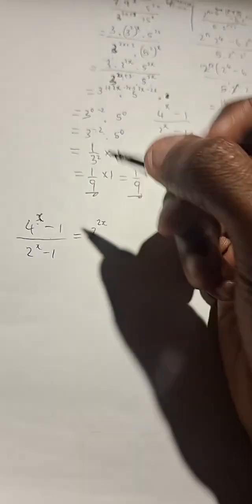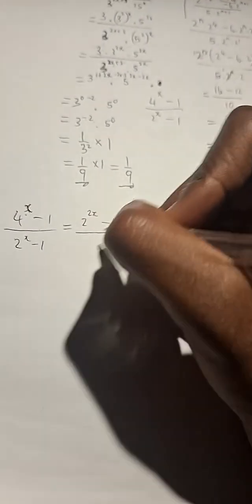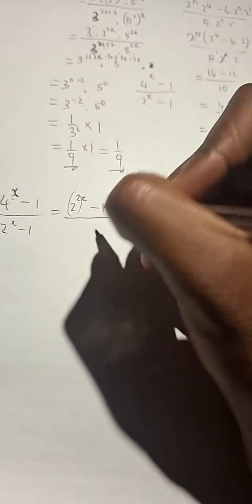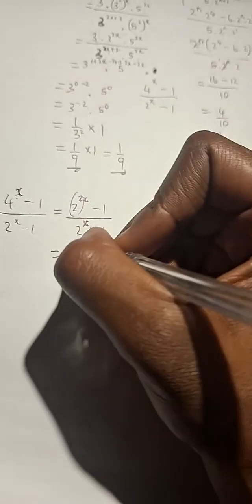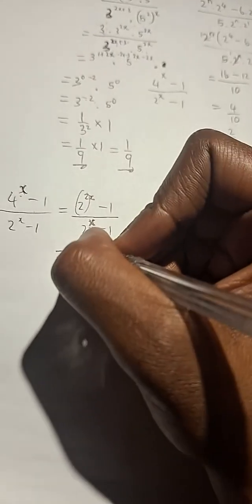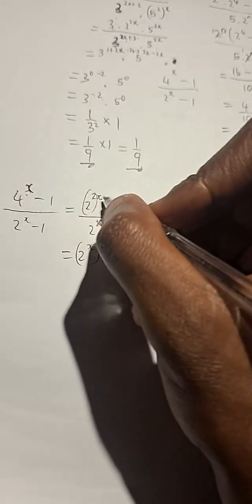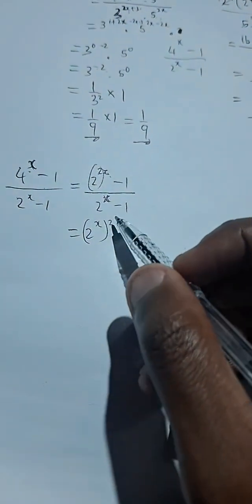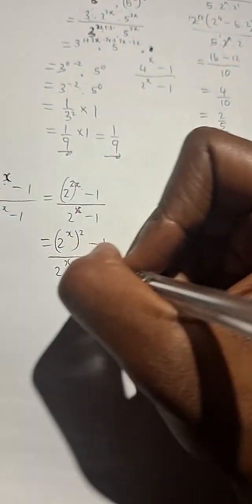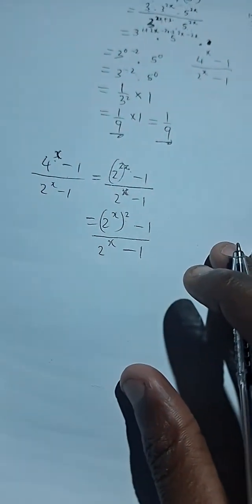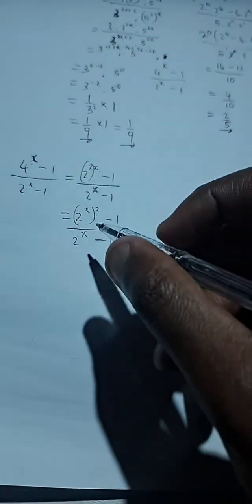This is us using our prime base, changing 4 to 2 to the power 2 raised to the power x, minus 1 over 2 to the power x minus 1. Then you can see that for 2 to the power 2x, you can swap around this x and this 2. 2 to the power x raised to the power 2, minus 1 over 2 to the power x minus 1. At this stage, guys, what can we do?